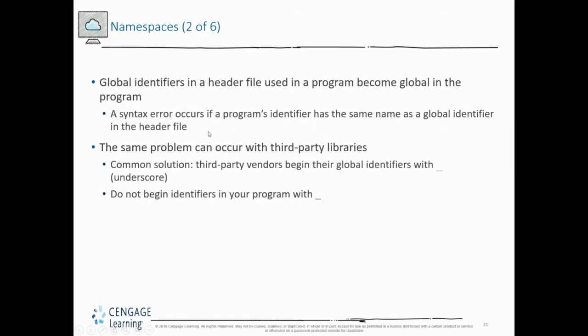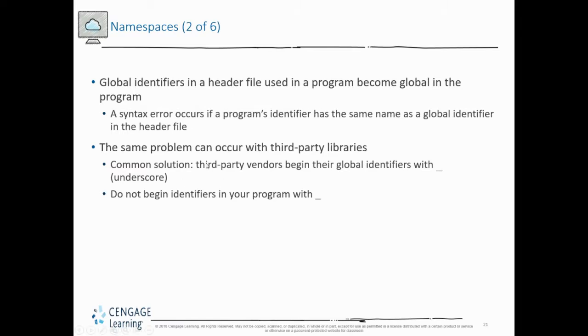All right. Now they're going to start talking and showing us a little bit on namespaces. Global identifiers in a header file used in a program become global in the program. In other words, just like when we have a namespace, if it's iostream, if it's iomanip, if it's anything that we're dealing with in the program we're creating, they're built into the C++ libraries, or we're taking them in.